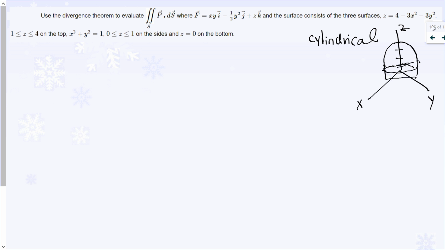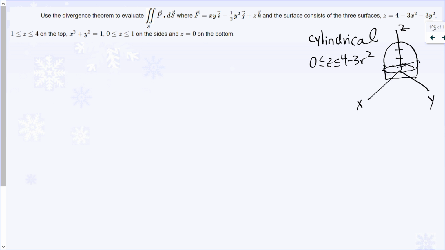So we're going to do z from 0 to 4 minus 3r squared, because the bottom bound of z is the xy plane. The top bound of z is this dome, which is our 4 minus 3r squared, where I just put r squared for x squared plus y squared. Any questions on converting that to polar?